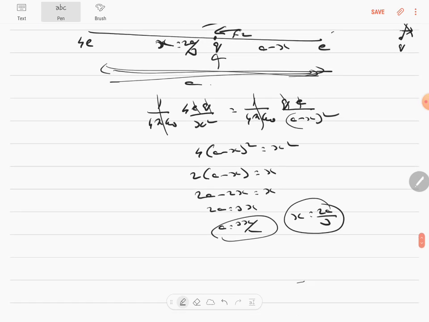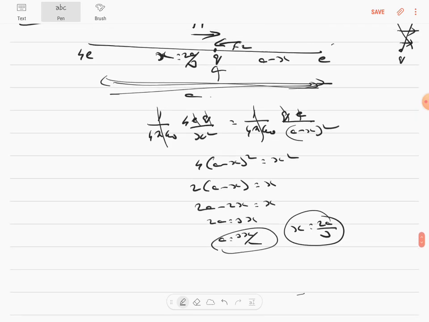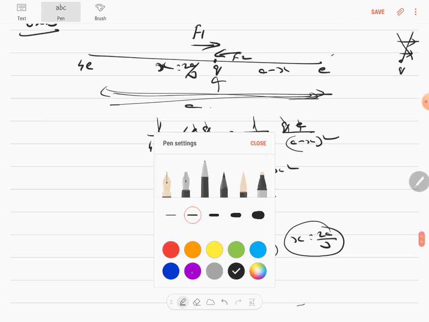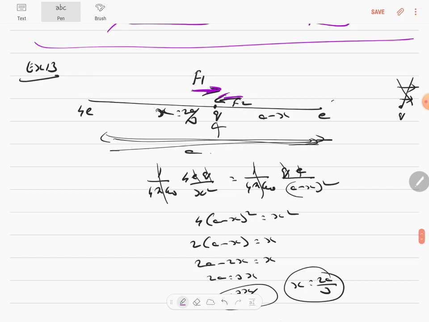So now that particle will be in equilibrium. Let's study more. The force exerted by 4e is F1, and the force exerted by e is F2. Supposing I move this charge slightly towards the right, this distance increases, because of which F1 decreases and F2 increases.